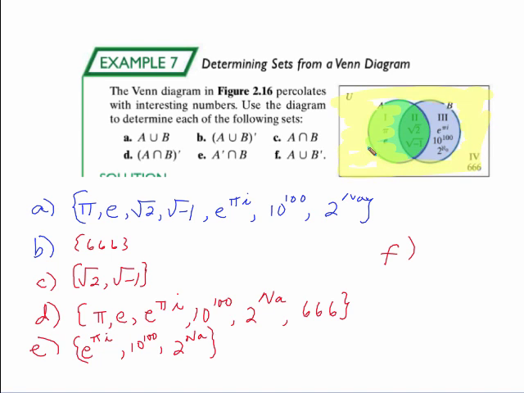And I'm doing union, so I need to write down anything that's colored, whether it's colored yellow or green or both, anything that's colored because it's the union. So what's colored right in here is pi, e. What's colored in the middle is the square root of 2, square root of negative 1, and what's colored out here is 666. And it is a set. Don't forget your braces.